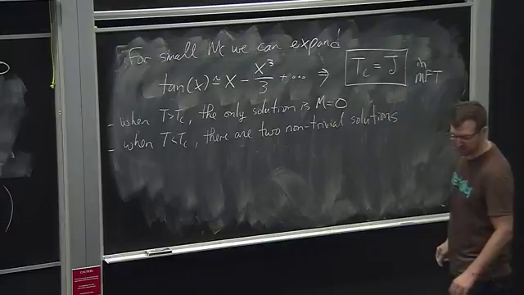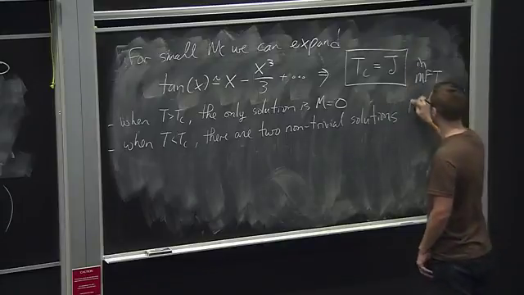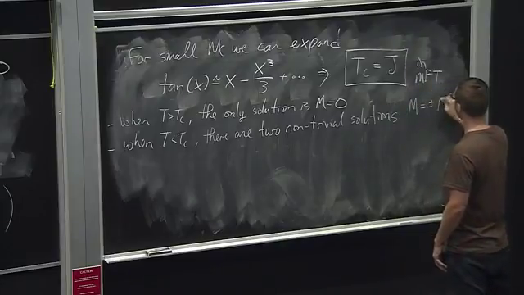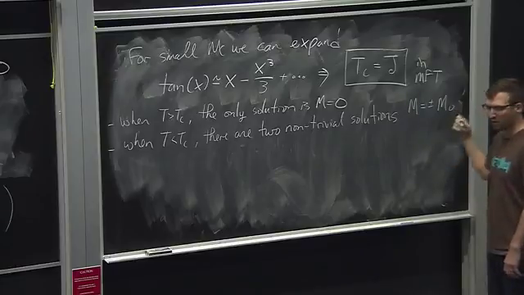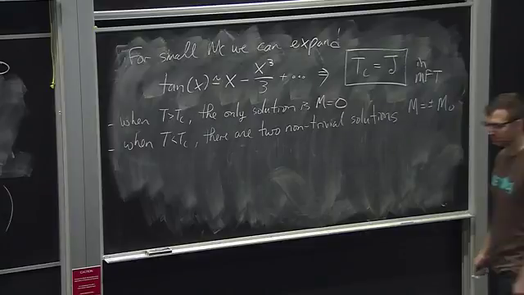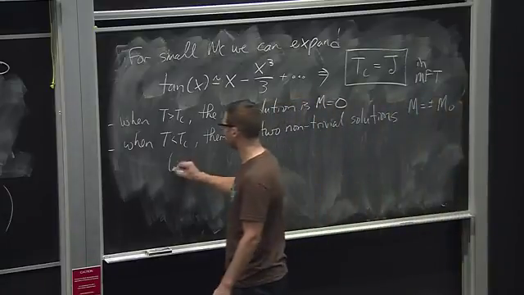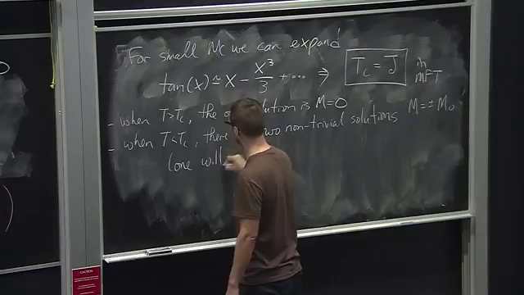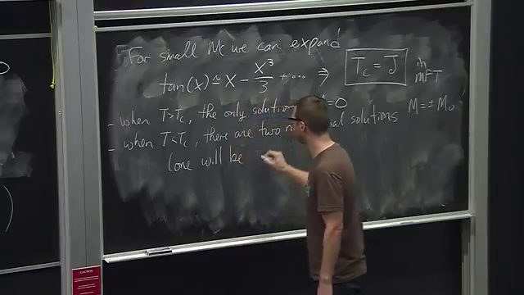So of those two non-trivial solutions, plus or minus m naught, one is chosen by spontaneous symmetry breaking, right? In the thermodynamic limit.